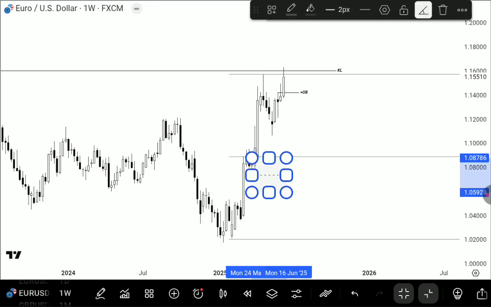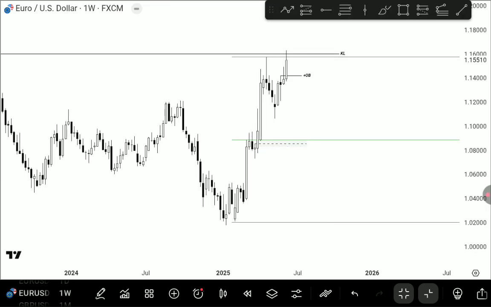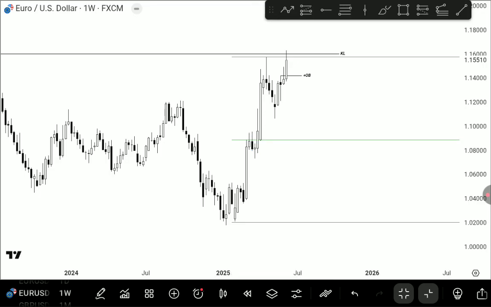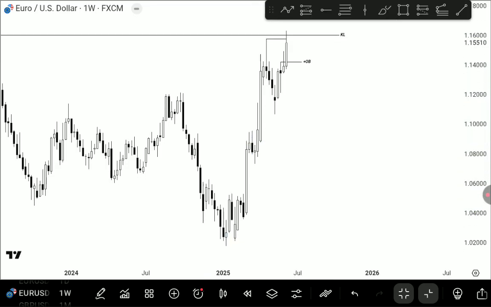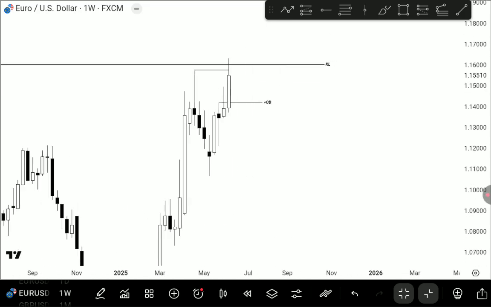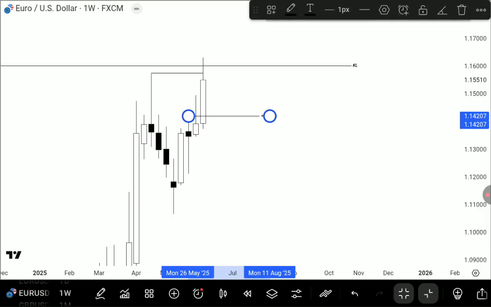Of course, it's quite too far compared to the already refined perspective that we have, which is that order block. And so, ladies and gentlemen, this is my draw of liquidity on the weekly for the euro.